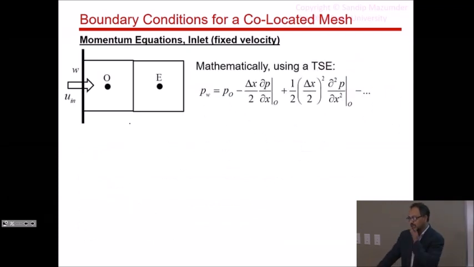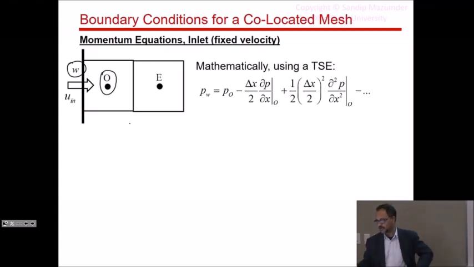So if we ask the question that we have this pressure available and we want to express this pressure in terms of that pressure, then obviously our age-old tool is a Taylor series expansion. So what I'm doing here is saying P at the western face is P at the cell center, and then I've done a Taylor series expansion.